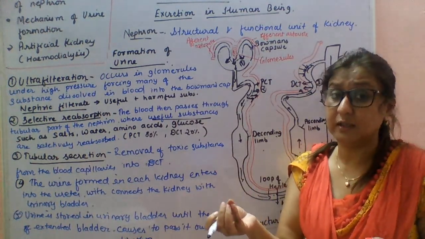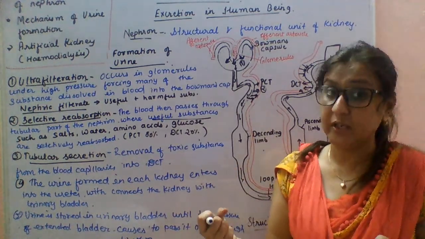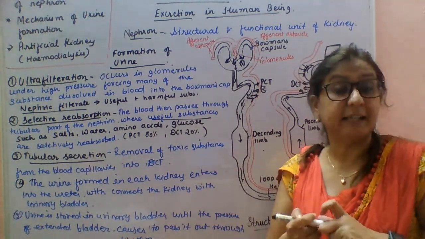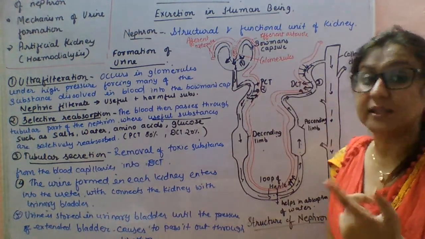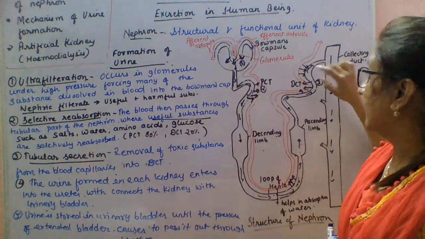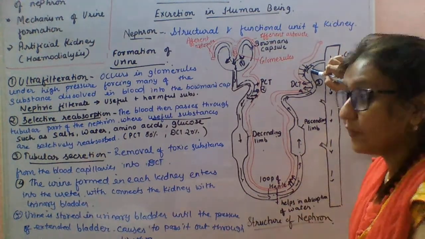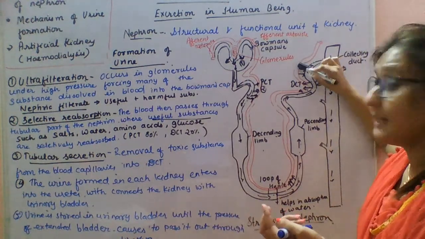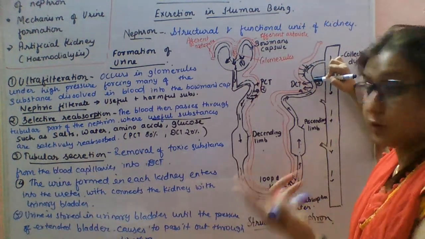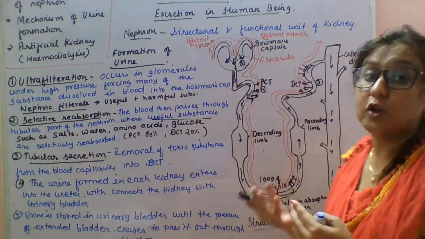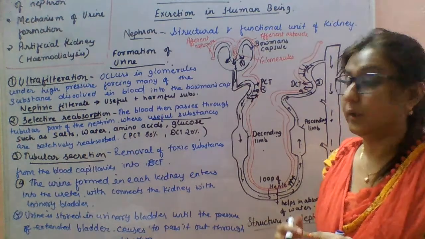Sometimes the blood carries drugs which have to be excreted out of the body. Sometimes blood may contain toxic substances. So in the DCT, the toxic substances get removed from the blood capillaries into the DCT tube, and are excreted out with the urine.